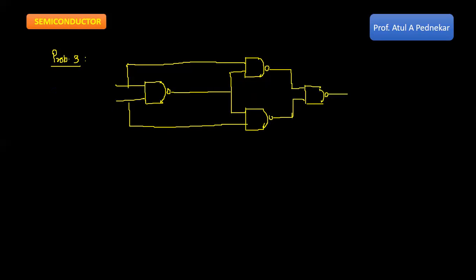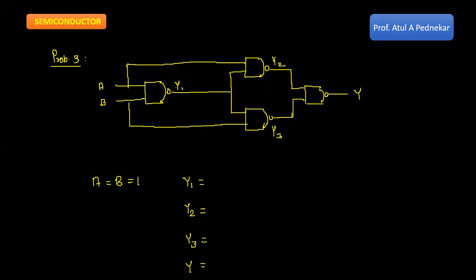Yes, students. Let's say there are two input lines A and B. Okay. So what you have to do is, let's say this output is Y1, this output is Y2, this is Y3, and this one is Y. So suppose A equals B equals 1. Then you have to tell me the entries for Y1, Y2, Y3 and Y. Chalo.